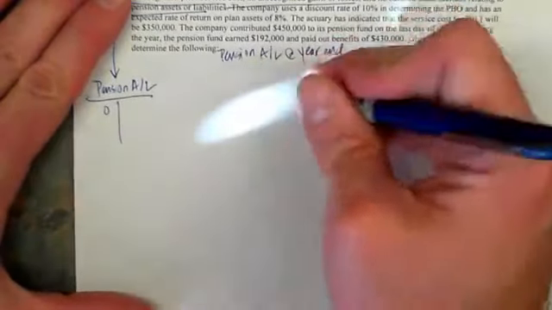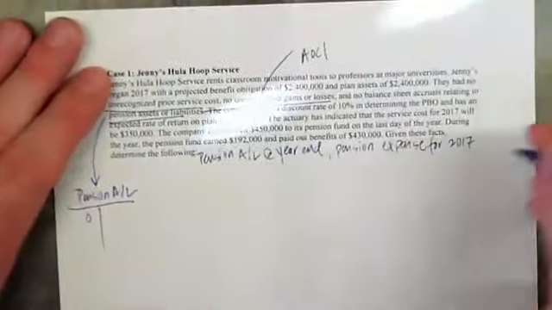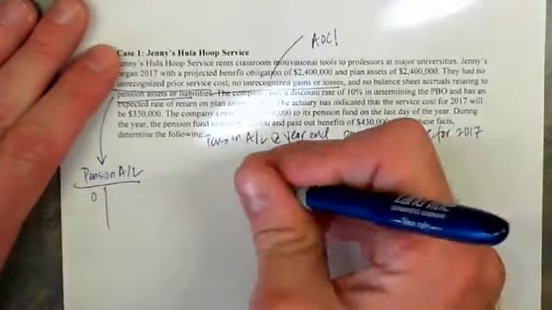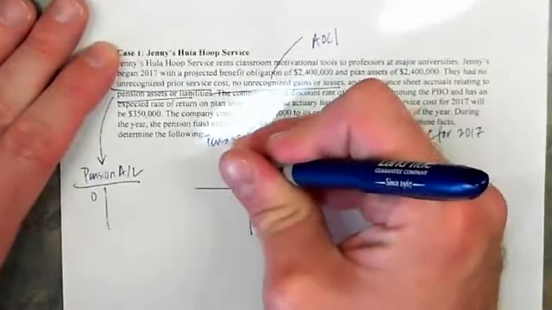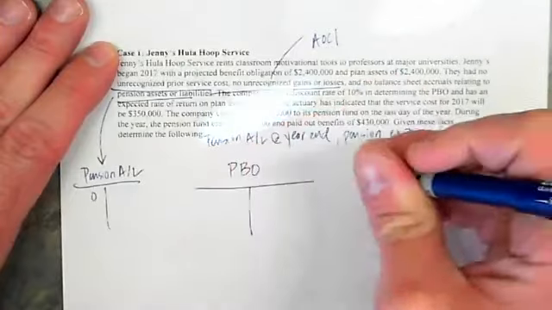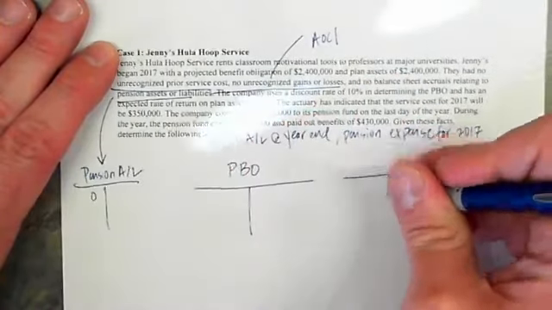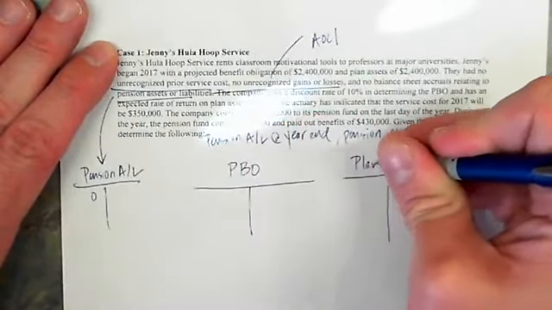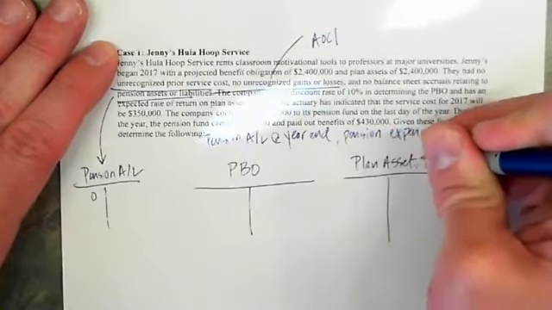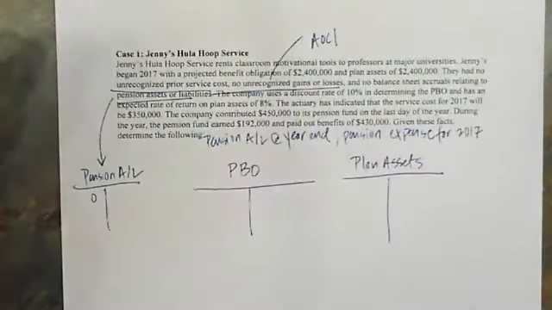So, like I said, I like to use a T account approach where I think about this stuff in terms of a T account for my PBO and a T account for my plan assets. So for the PBO, again, both of these began with a $2.4 million balance.